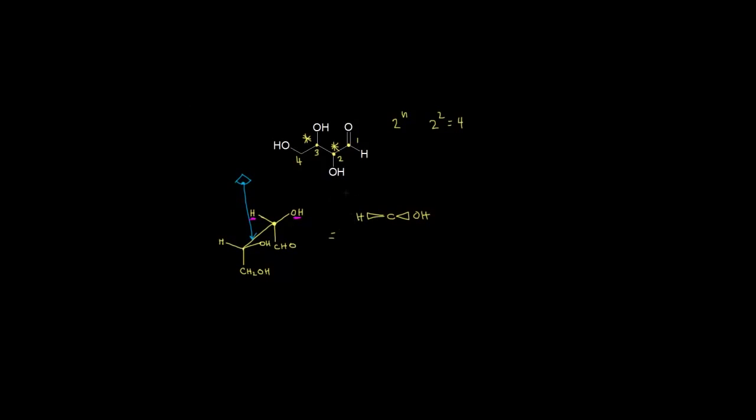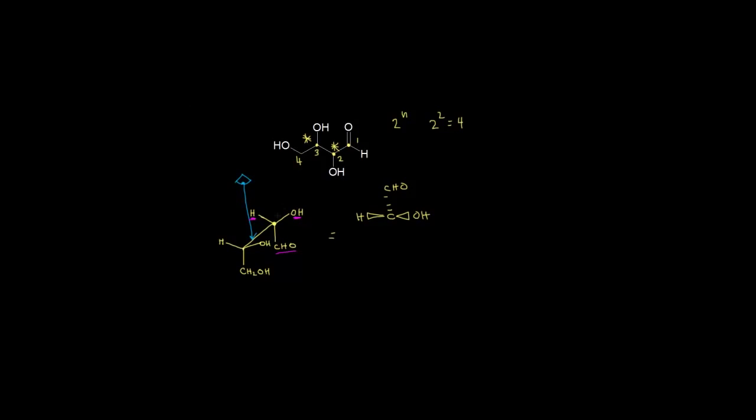And this aldehyde functional group, this CHO, you can see is going down, right? So this aldehyde functional group is going away from us. So we can go ahead and represent that aldehyde as going away from us in space like that.